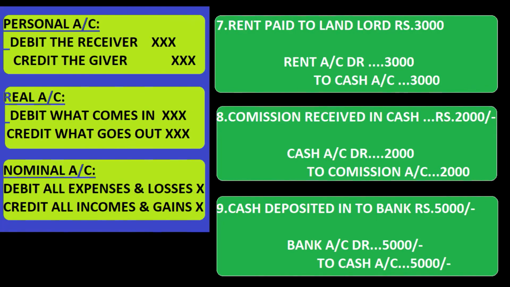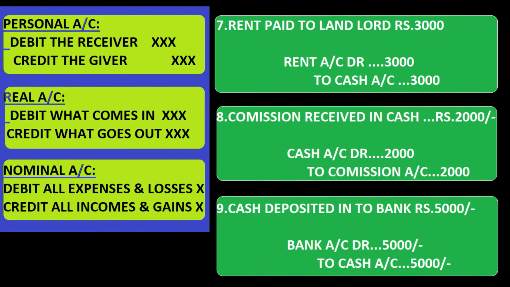The ninth transaction is cash deposited into bank rupees 5000. What are the two aspects? Cash went out of the business and bank received our cash. So the two aspects are cash and bank. Bank is an artificial person.